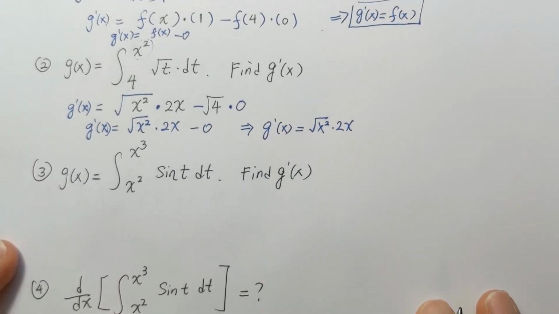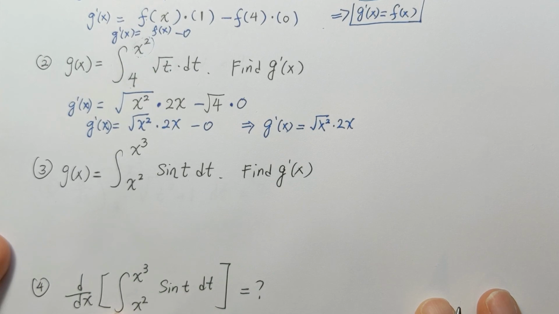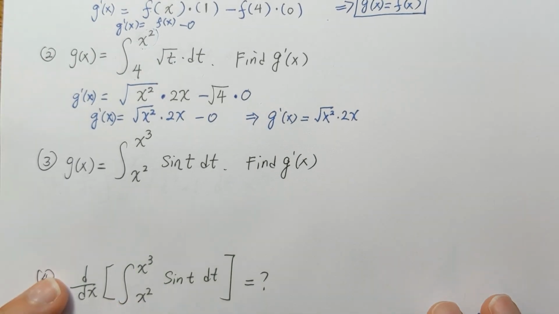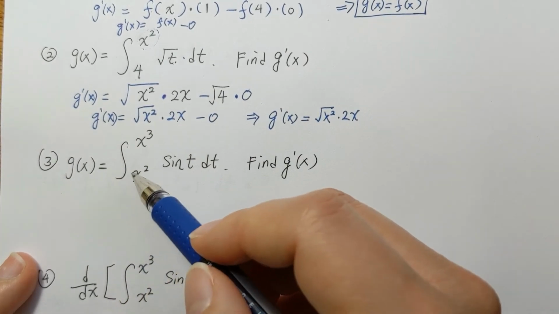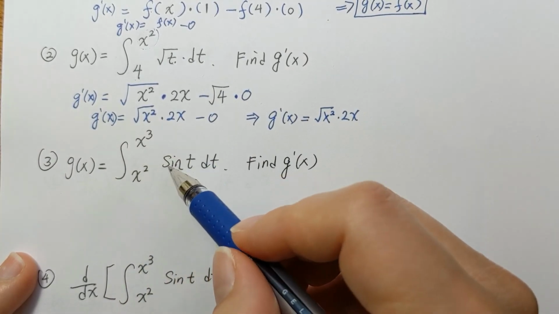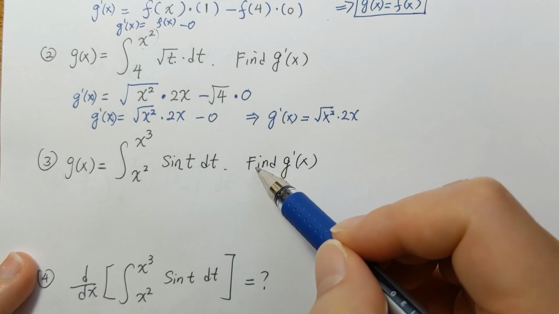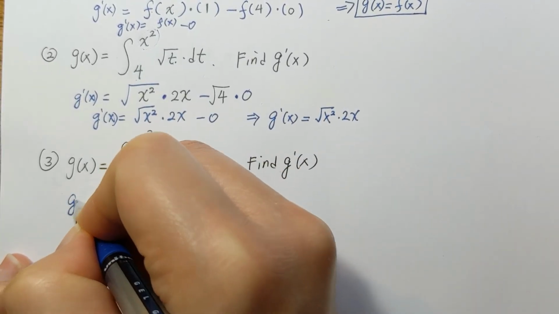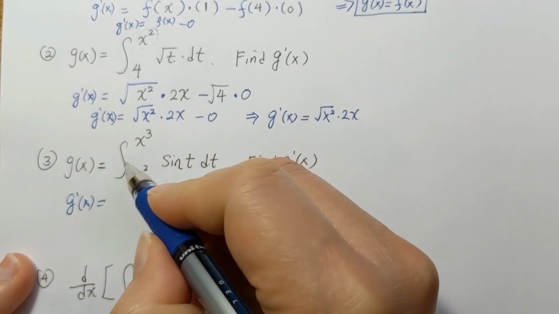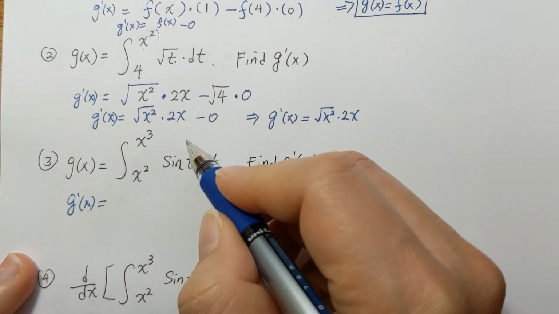Now let's take a look at question number 3. Number 3, you had g of x equal to the integral from x squared to x cubed of sine t dt. Find g prime of x. So g prime of x equals, and now I'm going to take the derivative of the integral.